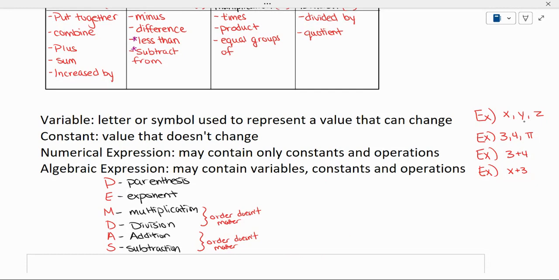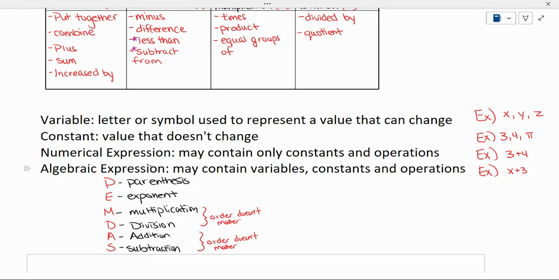We use x and y the most often in Algebra 1. Don't really know why, but that's what it is. And for constants, we have a value that doesn't change. An example would be 3, 4, or pi. Pi is basically just 3.14, so it is a constant, and it's not a variable.